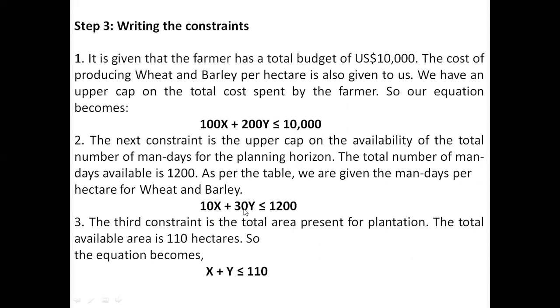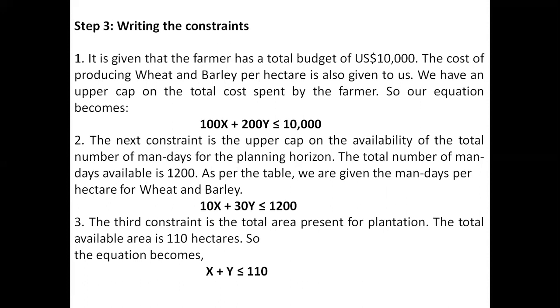So this 10x plus 30y is definitely less than or equal to 1200. Equal to we could not say, because this 1200 is greater than the 40. Hence out of 1200 laborers, we are utilizing only 10 people for wheat and 30 people for barley production.